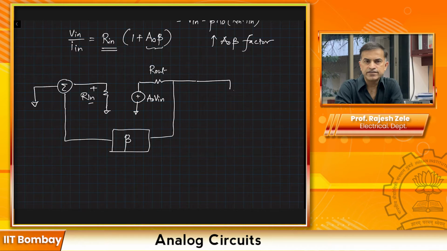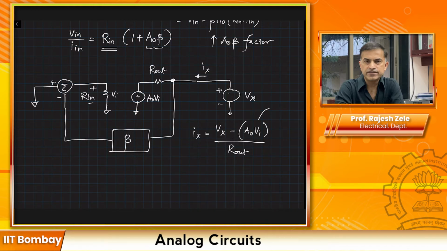So here we apply a test voltage source at the output, Vx, and then we try to measure what is the Ix going in. So Ix is equal to the voltage Vx at this point, Vx minus A0 Vi, divided by Rout.